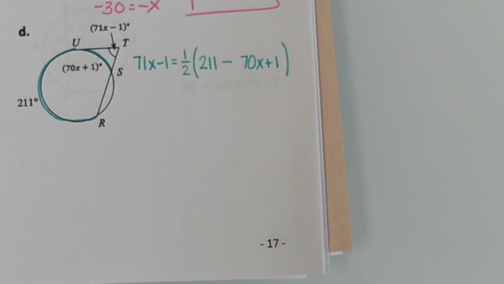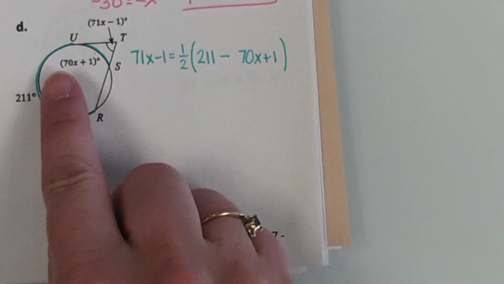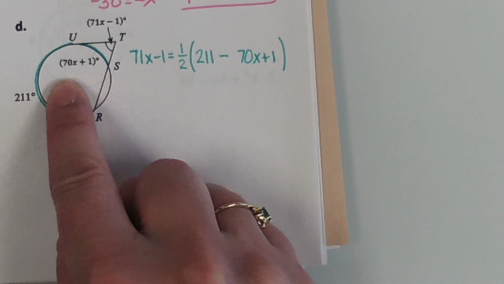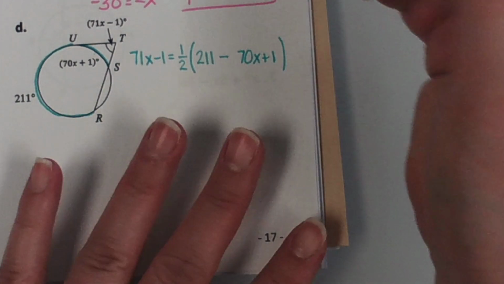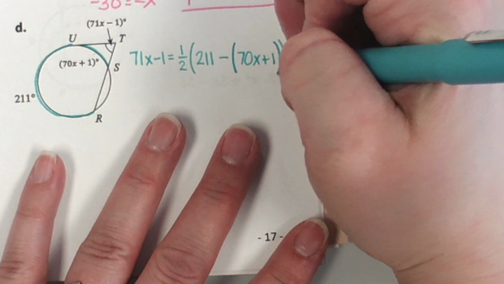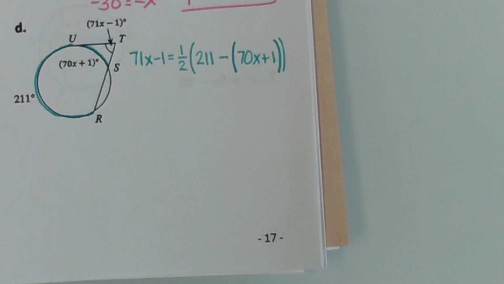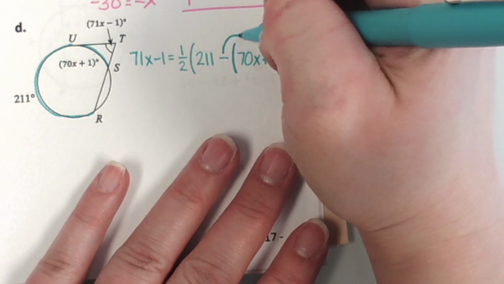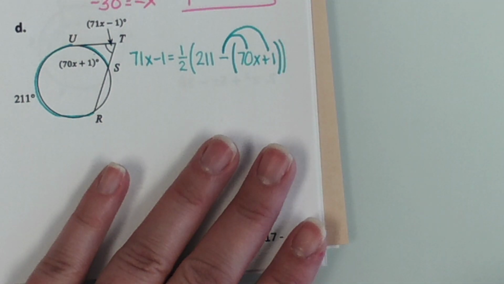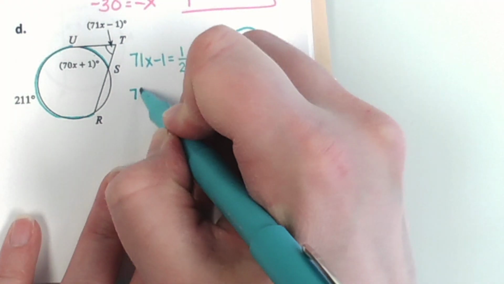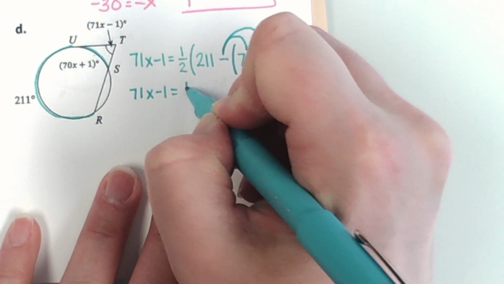When you subtract a binomial, in other words, when you subtract something that's got more than one term, you technically need to put it in parentheses. That way, you distribute this negative to subtract both pieces. 71x minus 1 equals 1/2.